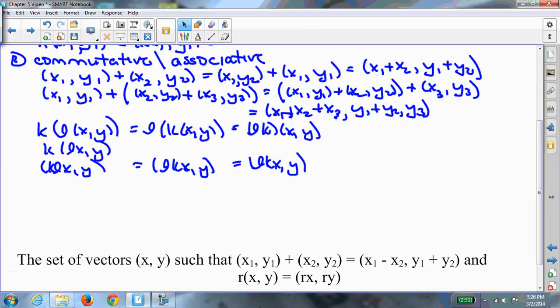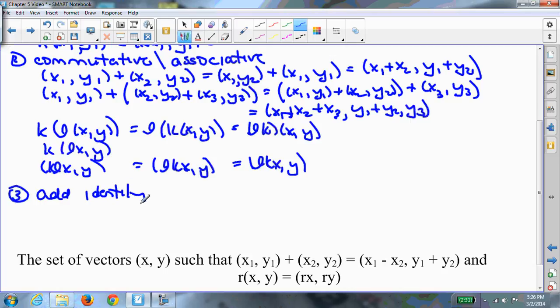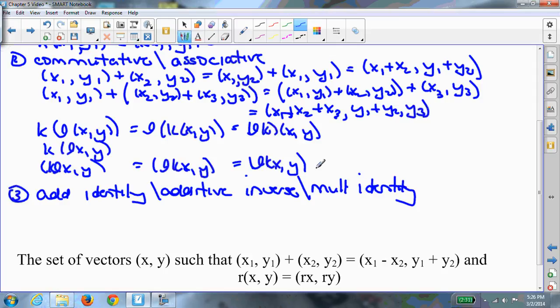The third property for a vector space is that it has to satisfy the additive identity, the additive inverse, and the multiplicative identity. The additive identity is that if I take a vector, xy, there should be some vector that I can add to it and still get xy.